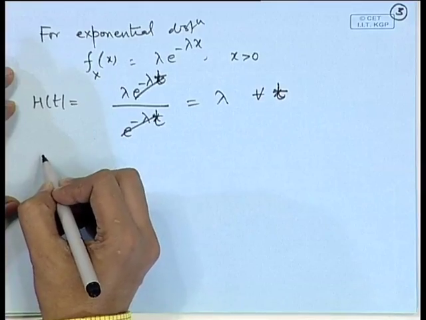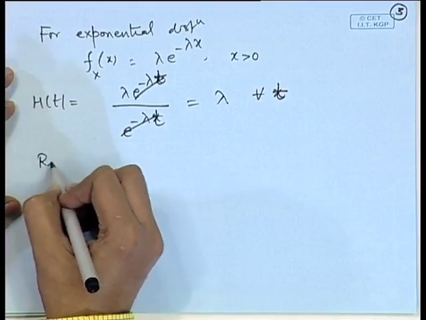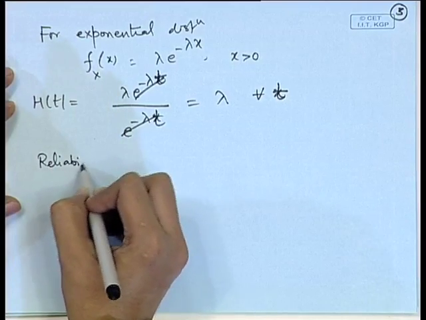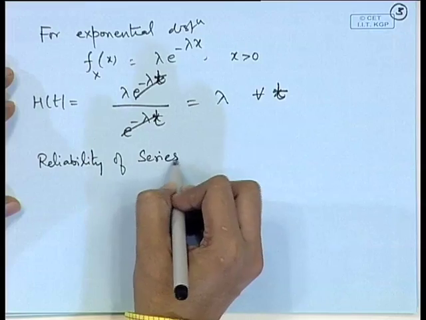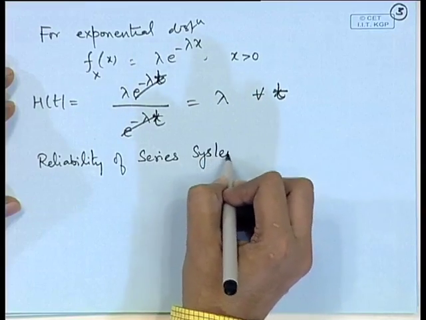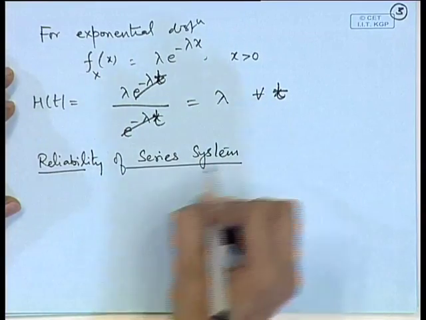We also discuss the reliability of complex systems. Many times the entire system is made up of several components, which may be connected in parallel or in series. So, let us consider the reliability of such systems. Let us consider the reliability of a series system.